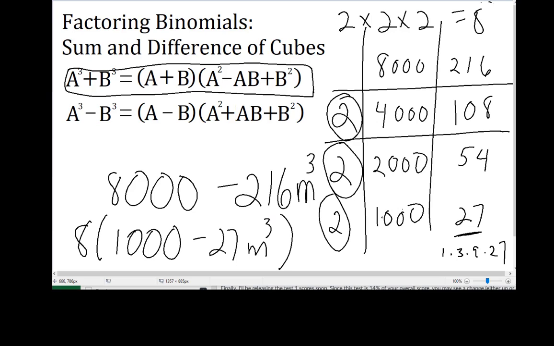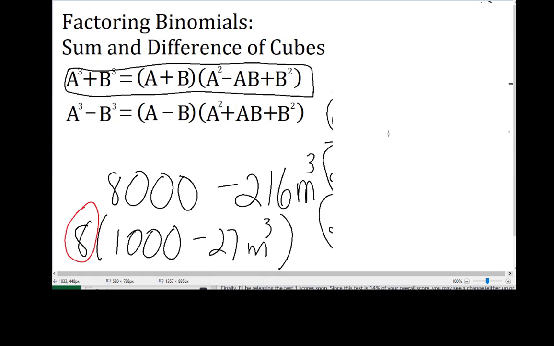Okay? So I've taken out my greatest common factor. Notice how it's right here, and it needs to be in my final answer as well. But now that I have this down to smaller numbers, I can do my pattern. So I'm going to make sure that my 8 is in my final answer.